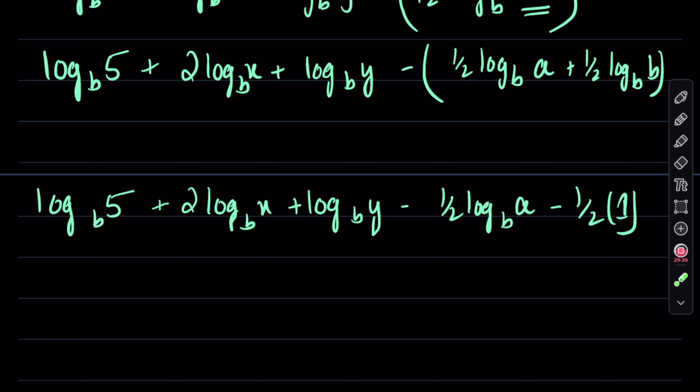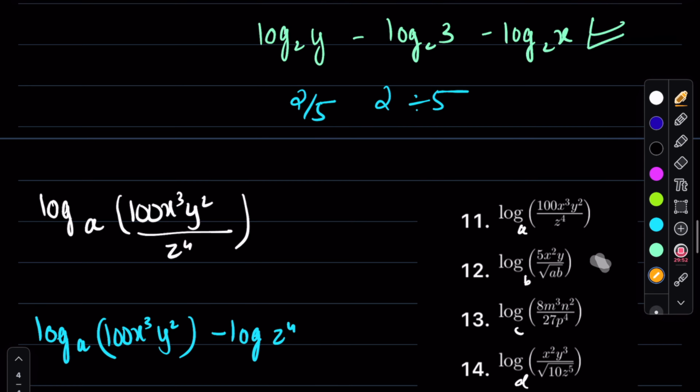Okay, so it becomes 1, so it's just ignored and it becomes half. So this is our final simplified expression. That wasn't easy, was it? Well, that was just a mess, nothing more, just a little headache.